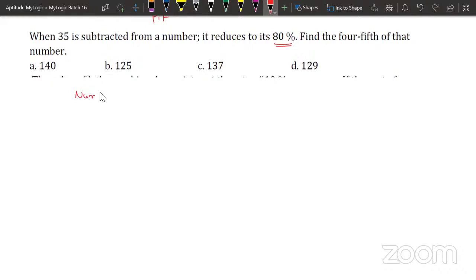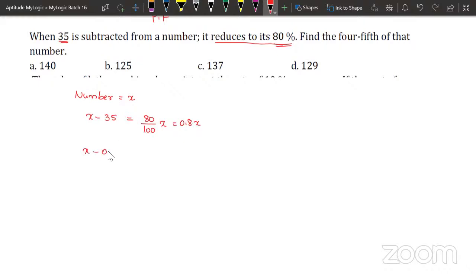Let us assume the number is x. From this x, we are subtracting 35. So we have x minus 35. And after subtracting 35, it reduces to its 80%. Means the number will be same as 80% of the original number, which is 0.8x. Now simplify this, you will get the answer.